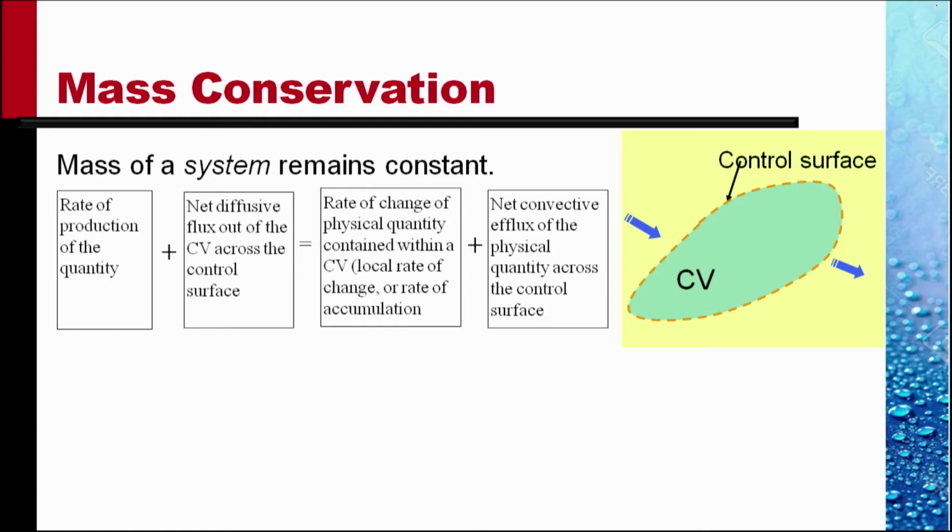When the property is mass, the rate of production of that quantity is obviously 0 if we rule out nuclear reactions.